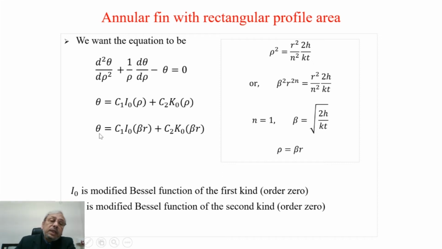So now we can say theta equal to C1 I naught beta r plus C2 K naught beta r. I naught is the modified Bessel's function of the first kind, order 0, and K naught is the modified Bessel's function of second kind, order 0.